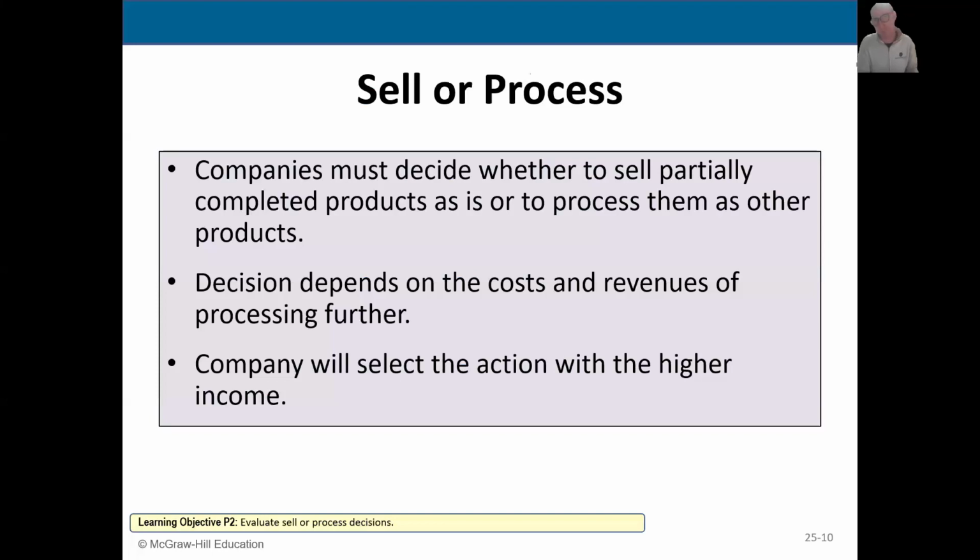The company will select the action with a higher income. If I sell the raw milk as it is, I'll get whatever it's worth. If I process it further to 1%, 2%, whole milk, whatever, whichever one generates the highest income, I'm going to do.